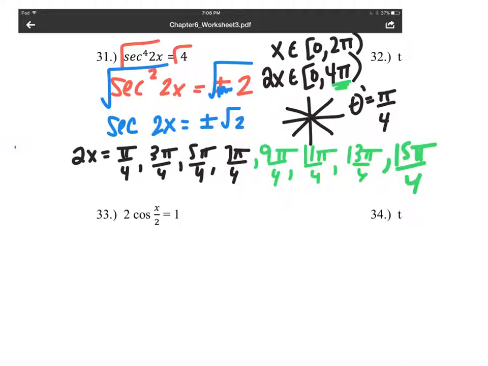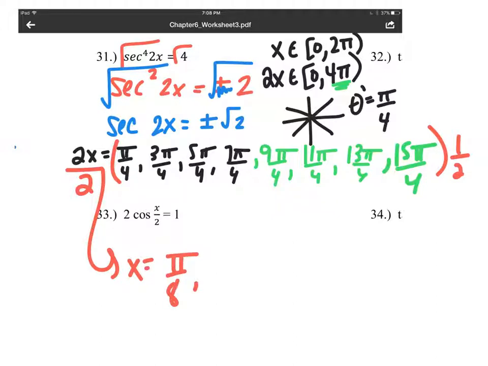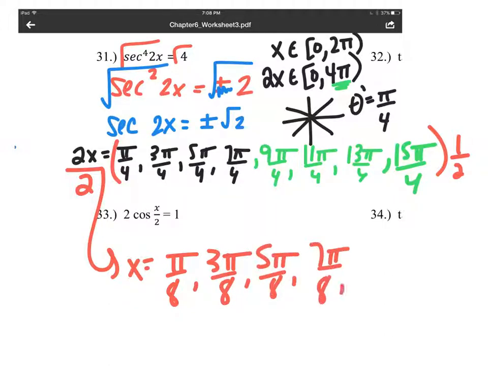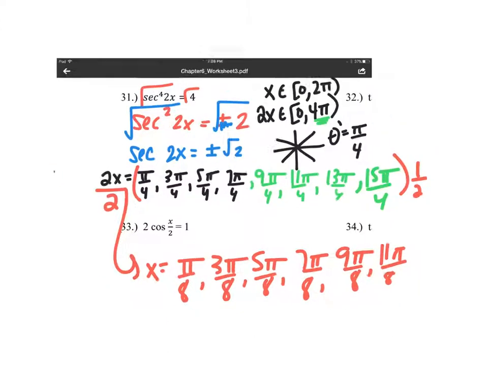However, I want my answer for just x. So I need to take all of these answers and multiply them by a half. And that's how I get the final solution set of pi eighths, 3 pi eighths, 5 pi eighths, 7 pi eighths, and essentially all of these are going to continue just being over an eighths instead of a fourth like they were before.